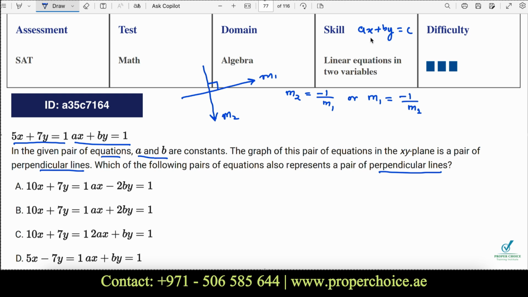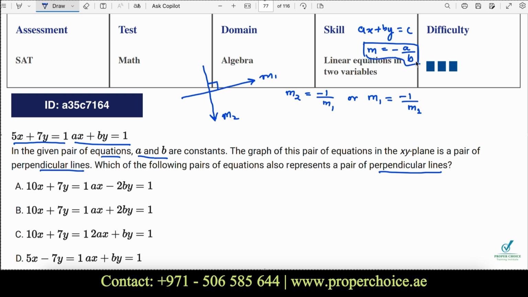Whenever a linear equation is written in the standard form, the slope is m equals minus a divided by b. That is, the negative coefficient of x divided by the coefficient of y.